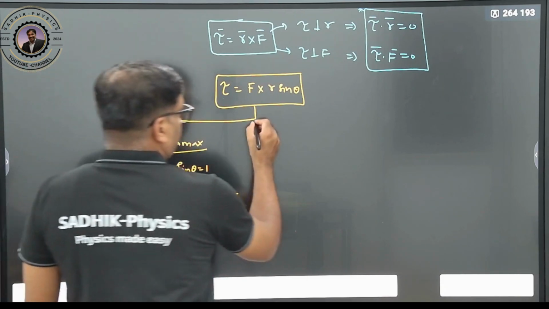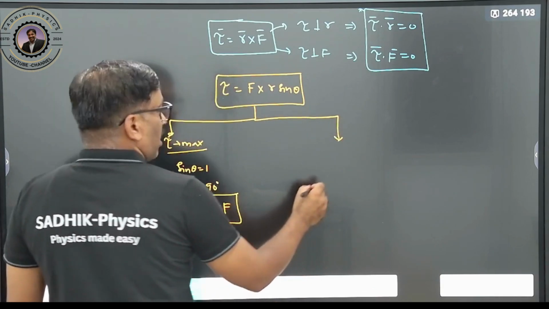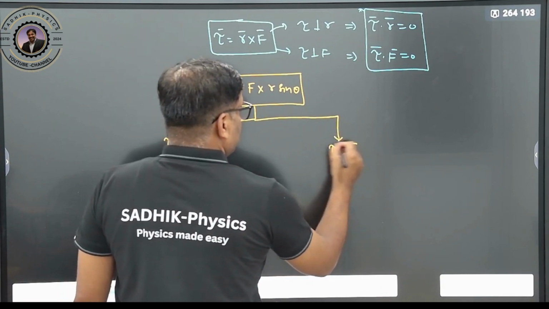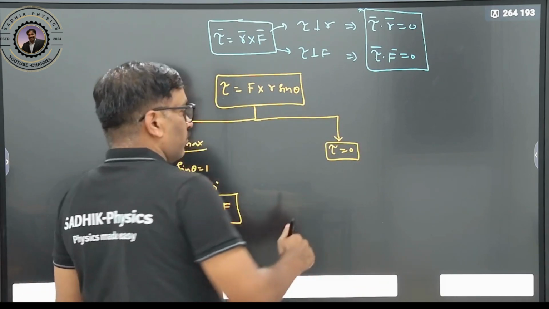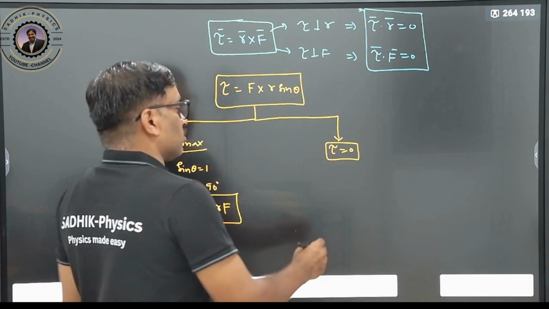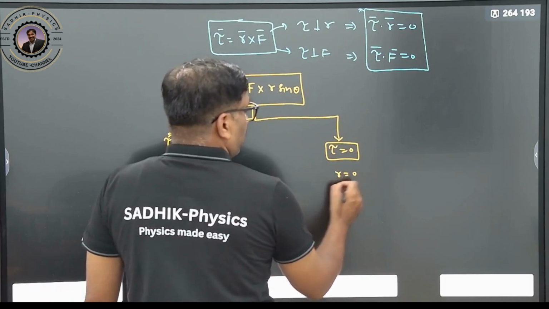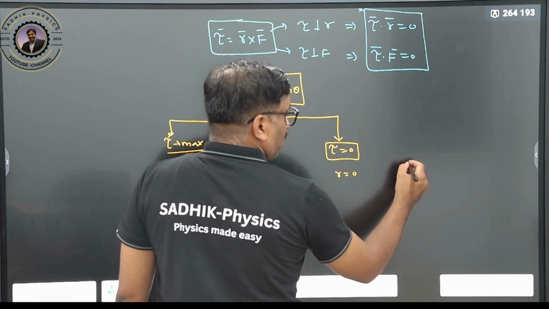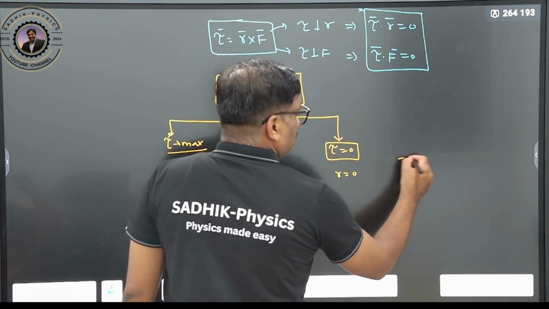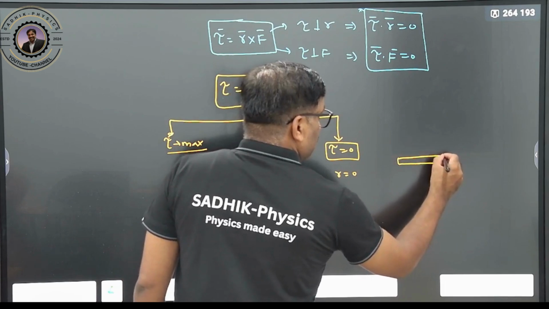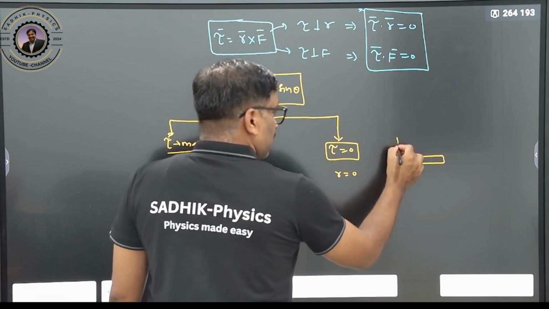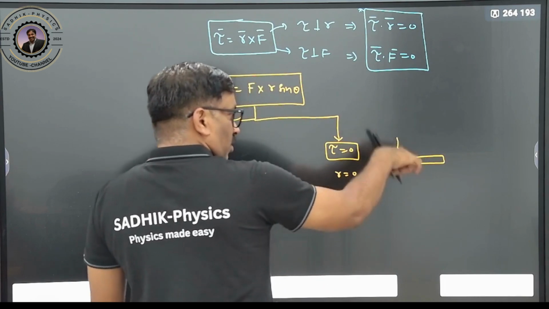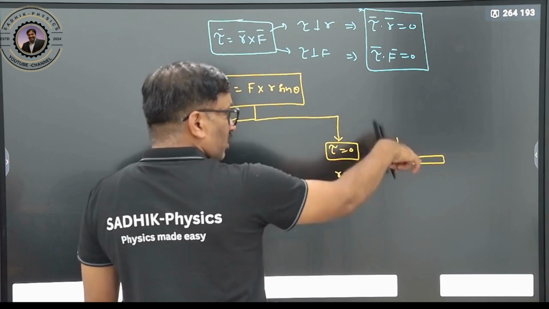Clear? Similarly, when will the torque be 0 now? When there is no force acting, and also if R is 0. R is 0 means what? If a force is acting on the axis of rotation, suppose there is a rod hinged at this point, and you are exerting the force along this hinge, or along this axis of rotation.